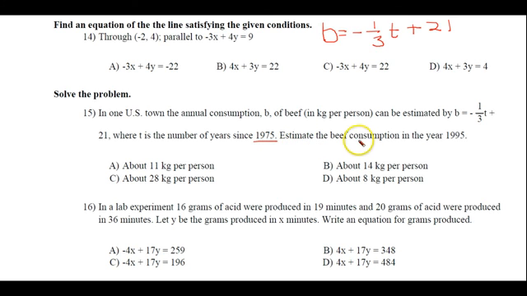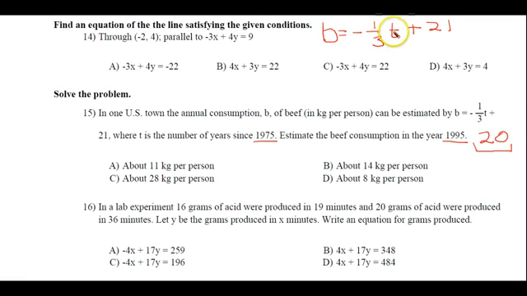Estimate the beef consumption in the year 1995. So this test was made a while back, I guess. But that's okay. Now, how many years since 75 to 95? And if you got 20, that is correct. So t is 20.